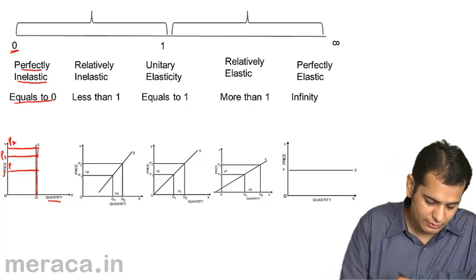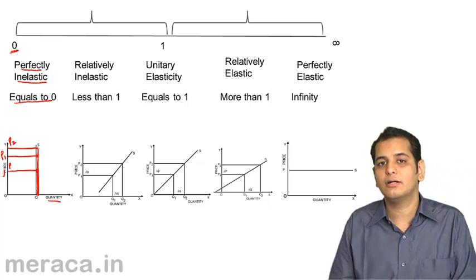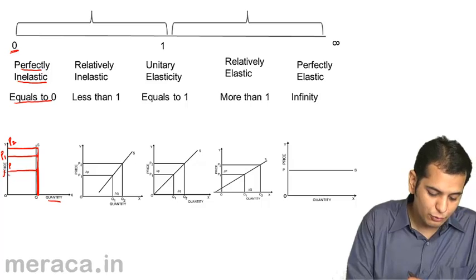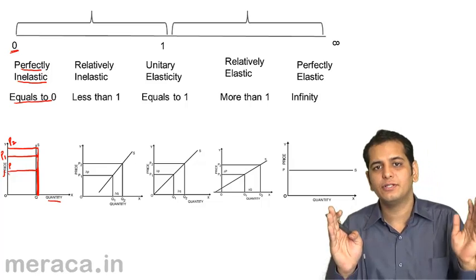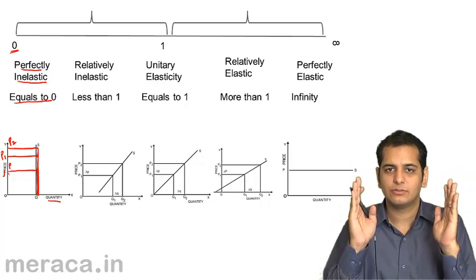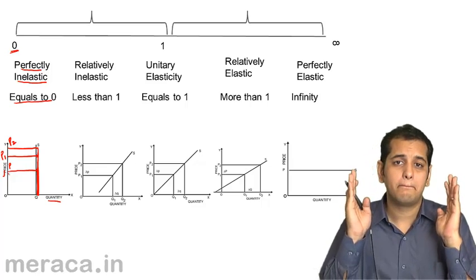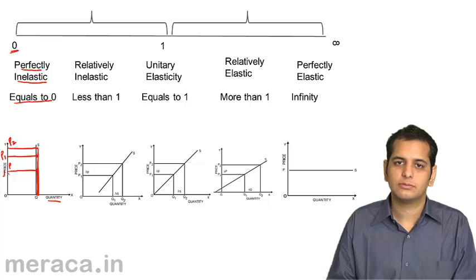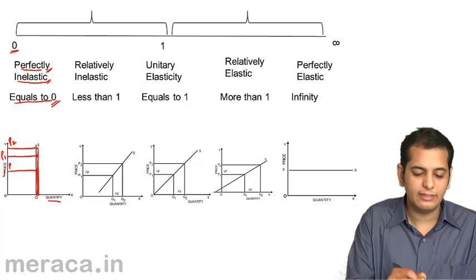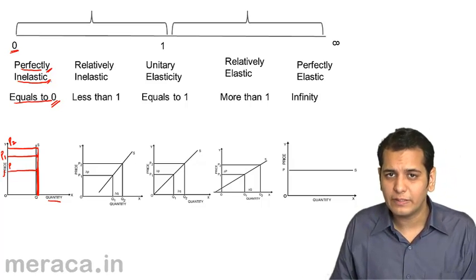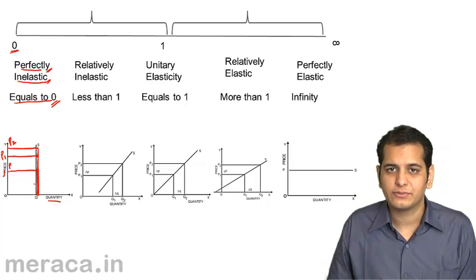In this case, we get a straight line curve which is parallel to the y-axis. This supply curve is a straight line and it is parallel to the y-axis. So it's a vertical supply curve. When the elasticity is 0, we call it a perfectly inelastic supply curve, and a perfectly inelastic supply curve is always parallel to the y-axis.